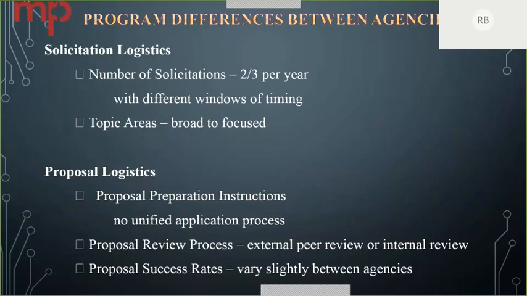So there's no uniform application process. There's no uniform proposal review process. Some agencies have external peer reviews. If your business is in medicine and you're at NIH, then you get people from outside who know something about the medicine you're proposing, the vaccine or whatever it is, to sit on the review panel.